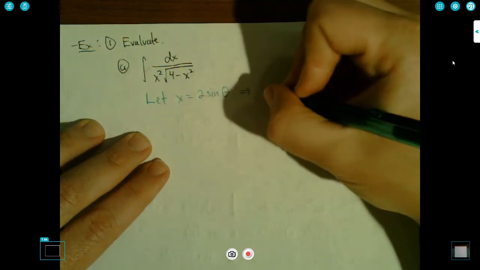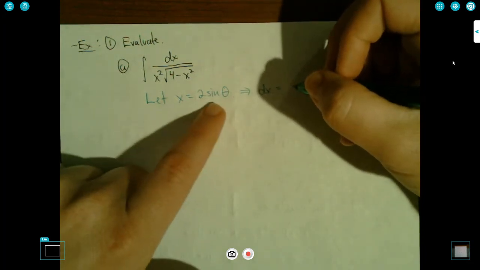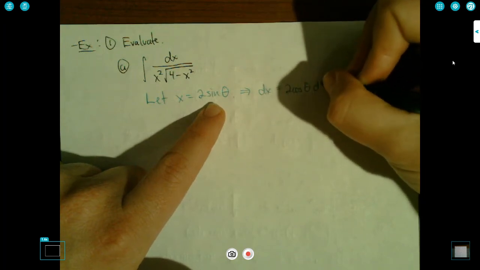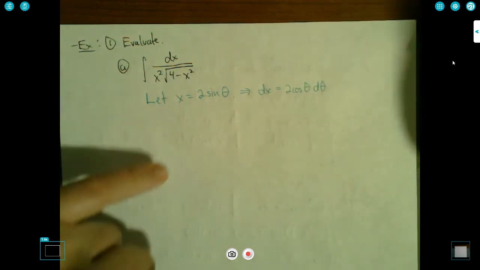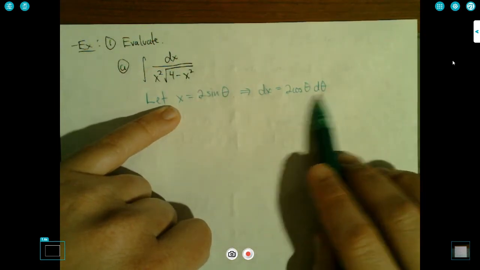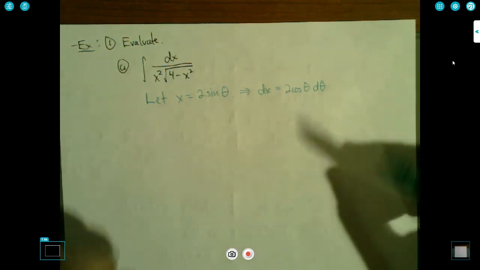And then dx is going to be, derivative of sine is cosine, right? So 2 cosine theta d theta. So we're going to replace this dx with 2 cosine theta d theta. And we're going to replace all of our x's with 2 sine theta.